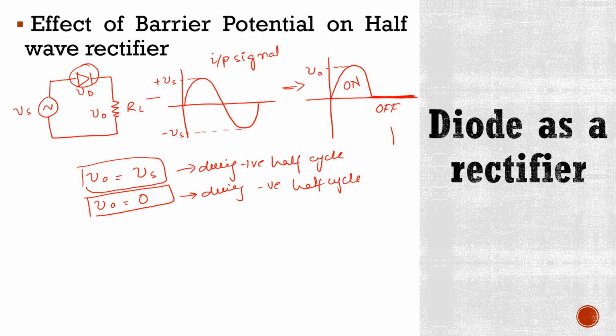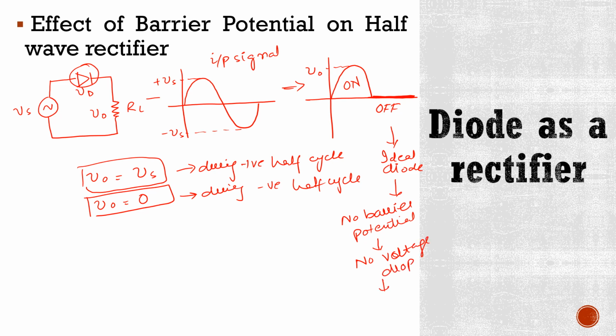So this is the case of an ideal diode. It means here there is no barrier potential and no voltage drop.